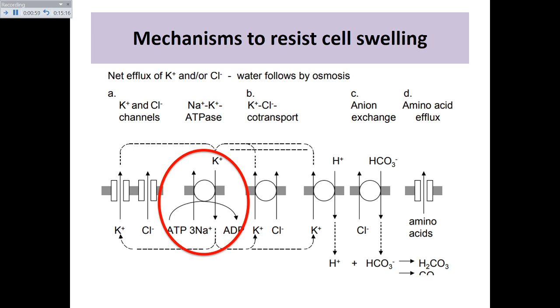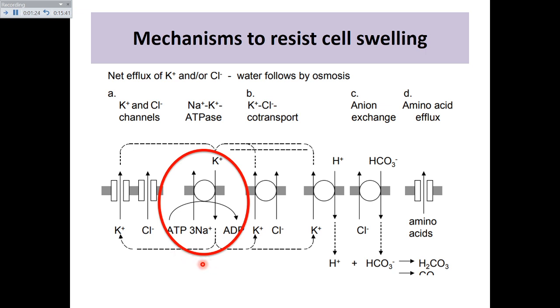And know that Na-K ATPase is the driving force for that. Also know that the gradient of potassium will work to resist cell swelling, while for cell shrinkage the gradient of sodium is important.